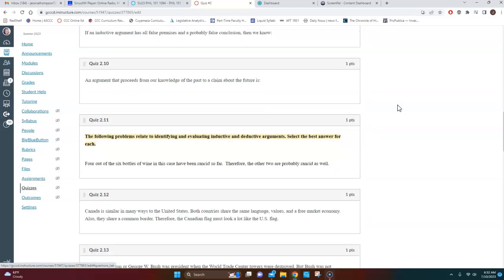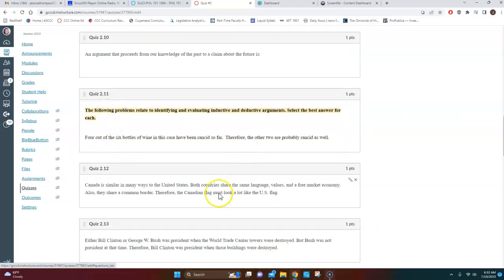Then for part two, these relate to identifying and evaluating inductive and deductive arguments.